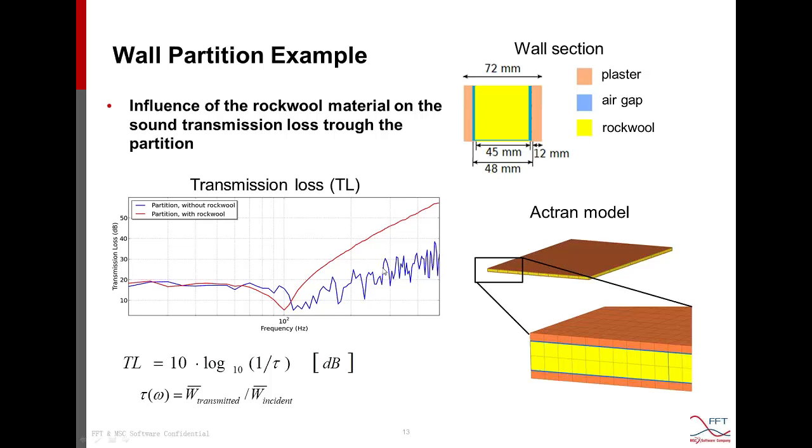So there are two observations. First, we see quite a shaky curve, created by the cavity modes of the air replacing rock wool, and then we see a reduced transmission loss, which means increased transmission through this wall partition.